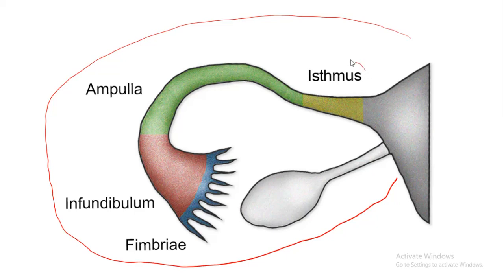There is this region, there is the ampulla, there is that region, and there is the other region. All these regions are important, but fertilization normally takes place at the region called the ampulla. The ampulla is the widest part of the fallopian tube.